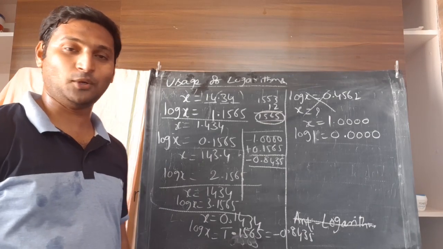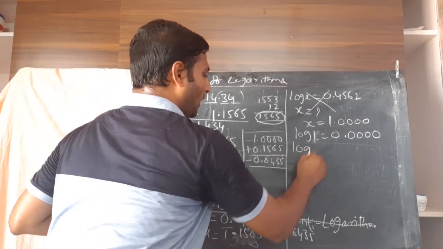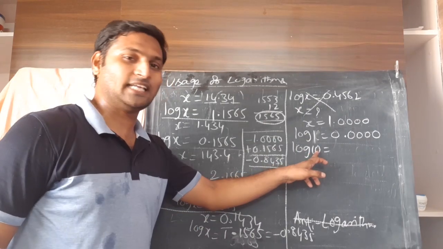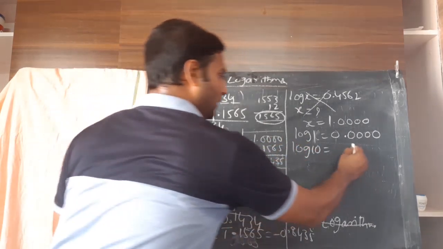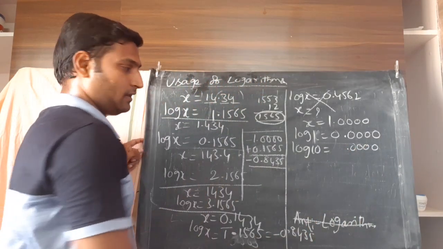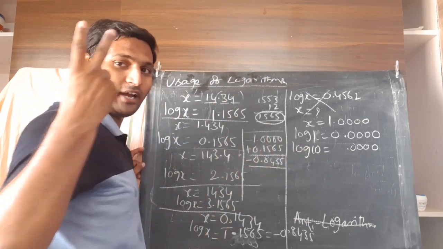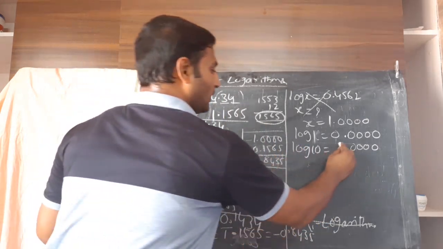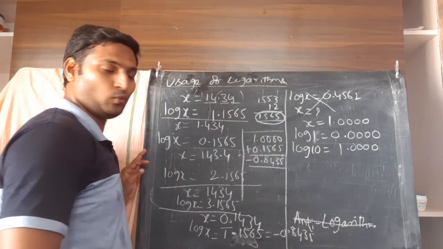So log 1 is how much? Log 1 is 0. Then tell me, what will be log 10? Again, when it is 10, you will be checking 10 under 0. It will be 4 zeros. Put a decimal. Then 10 means before decimal you have two digits. 2 minus 1 is 1. So log 10 is 1.